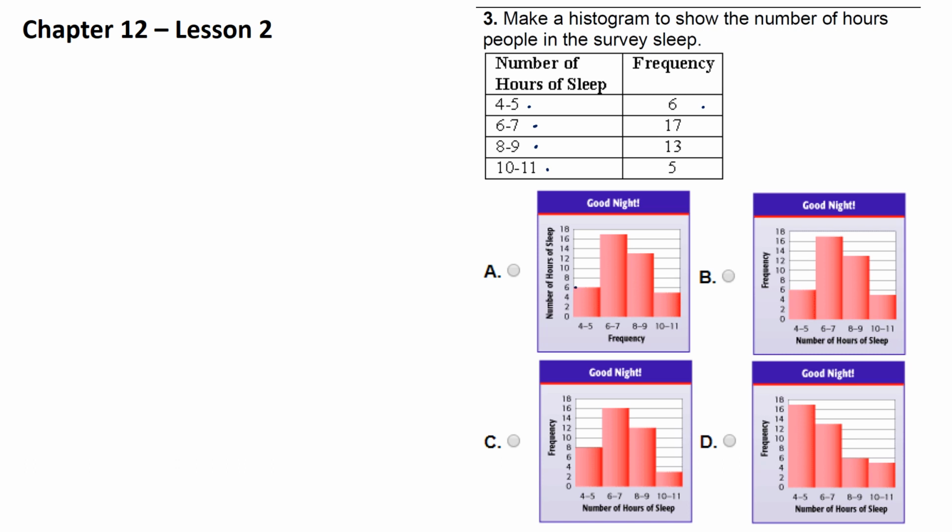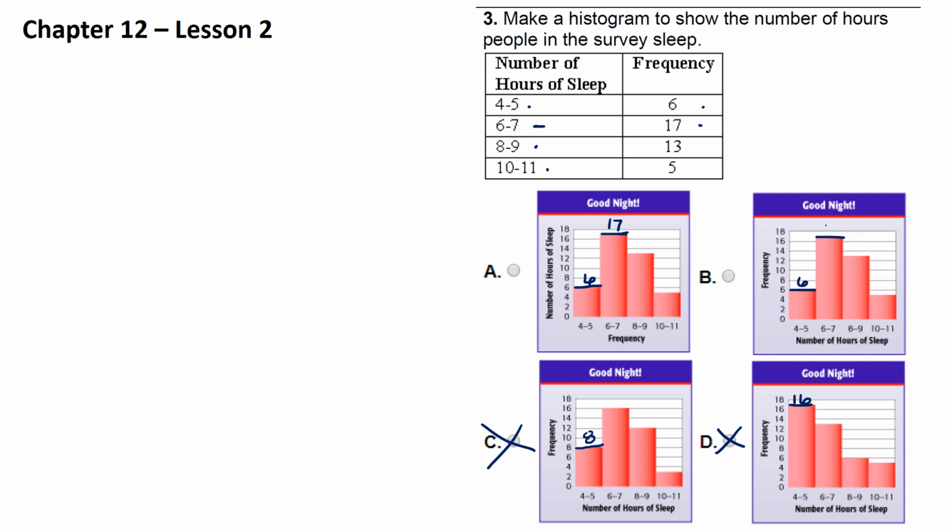All right, so this is 6, so that's good. This is 6, that's good. This is 8, no good. And this is 16, no good. All right, between 6 and 7 hours of sleep, we have 17 people. This is 17, so that's good.